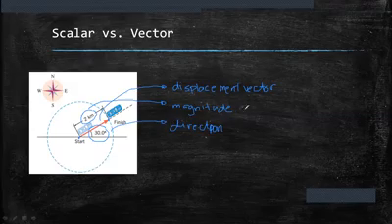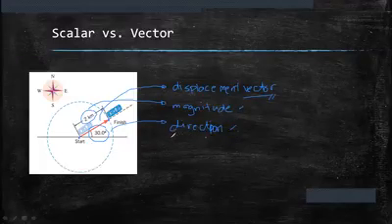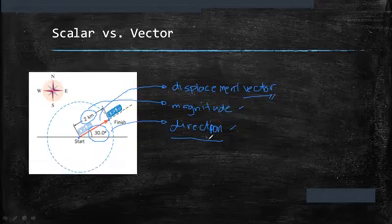So magnitude and direction are the important components of a vector. The fundamental distinction between scalar and vector is the characteristic of direction. Vectors have direction and magnitude, while scalars only have magnitude.